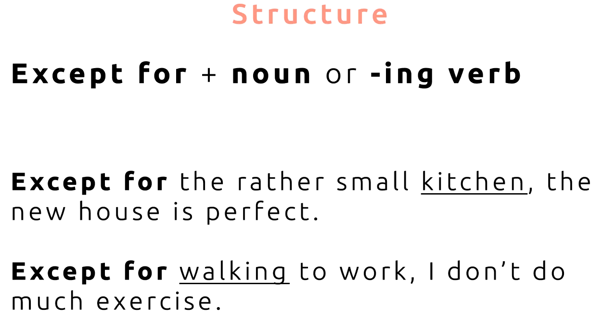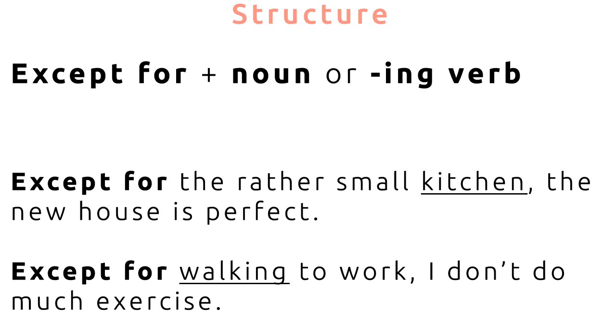And remember, the emphasis is on the second part of the sentence. The new house is perfect. So this speaker's main message is the house is fantastic. It's perfect. Now look at the second example. This includes an ing verb.